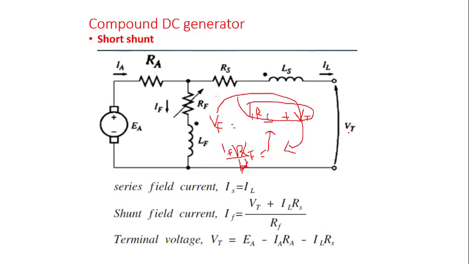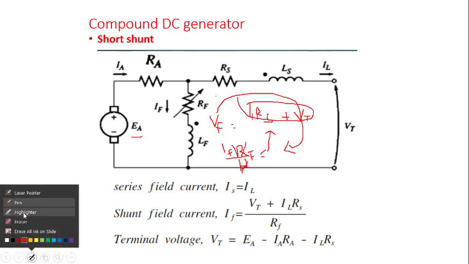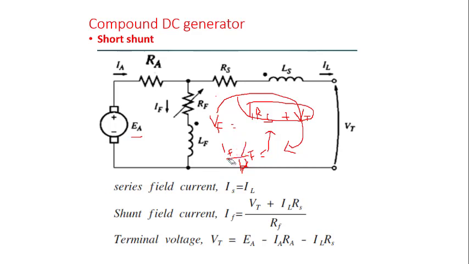So how do we even get our terminal voltage? We want to get a relation between the terminal voltage and the internally generated voltage. Let me clean this so that we can continue with our analysis.